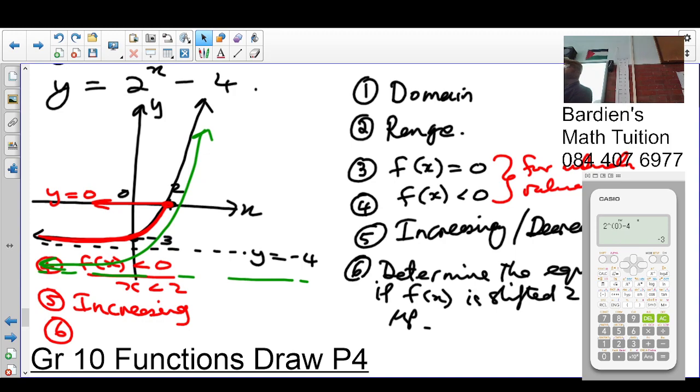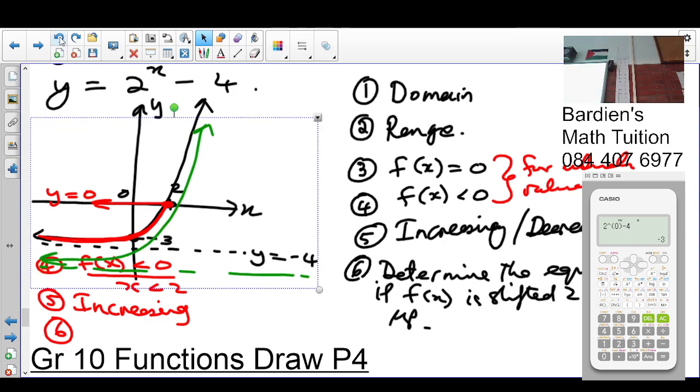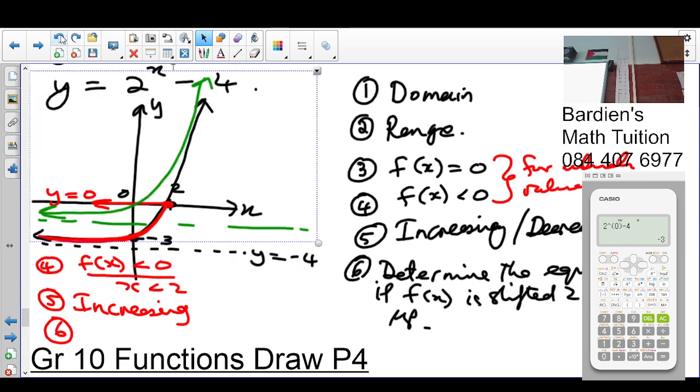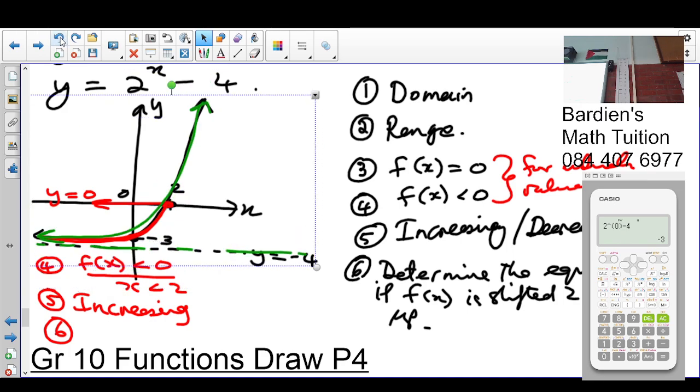So if we move this graph 2 units up, and in my video, in the description box, you can see that I used a graphing program. You can see how the graph actually moves up and down. But if this graph moves 2 units up, then the asymptote also moves 2 units up.